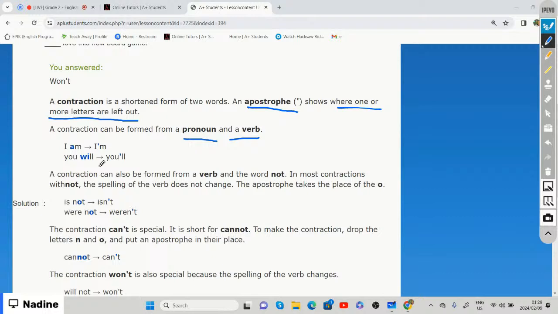And if we use the contraction, which is, let's say, verb, apostrophe, and not. So we can form it with the verb as well as not.